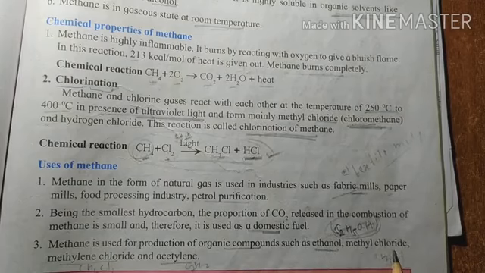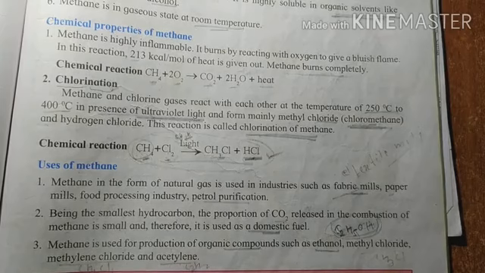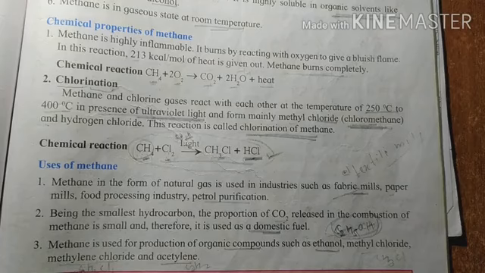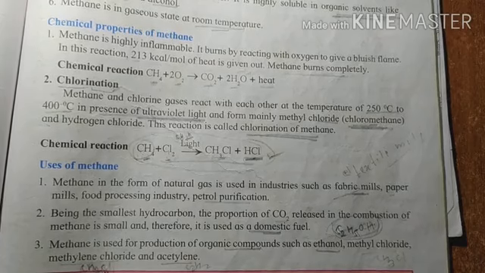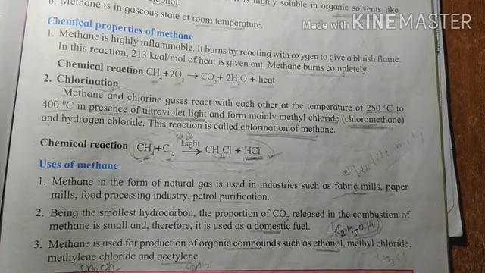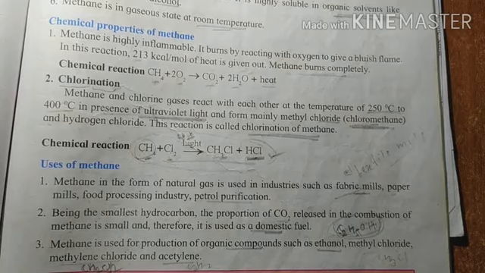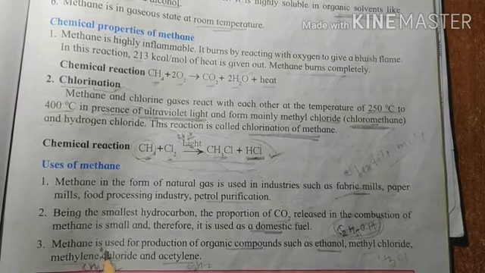Also methyl chloride, methylene chloride, and acetylene. Acetylene means C2H2. Methyl chloride means CH3Cl. Methylene means CH2Cl2. Sorry, methylene dichloride, because there are two chlorine atoms.